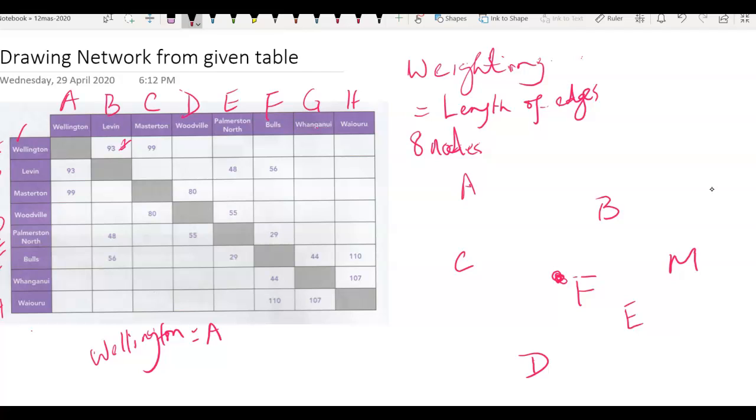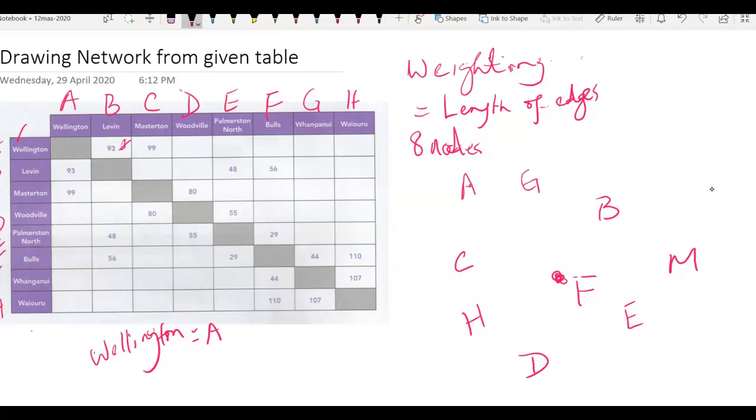It doesn't really matter where on the map it's located, but we are simply trying to connect the towns without crossing the edges over one another, which will make the drawing quite difficult. G is also connected to 2 of them, H is also 2. So I have chosen, you will probably do it in different ways, but this is my first try.